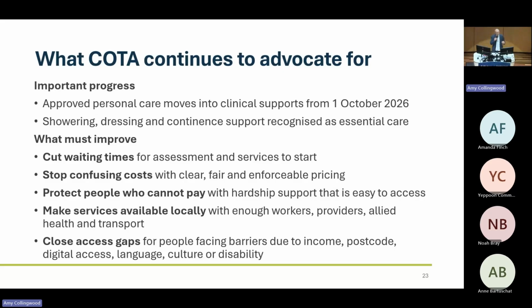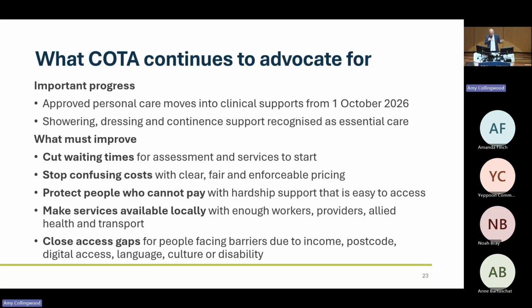So that's the thing that we're most worried about. We're worried that there needs to be more assessors in the industry. We're certainly worried, you would have seen the news, about concerns about assessors leaving. We think that needs to be addressed because it really starts with that assessment, and it's not until you get that assessment that you can start to get some of your needs met.